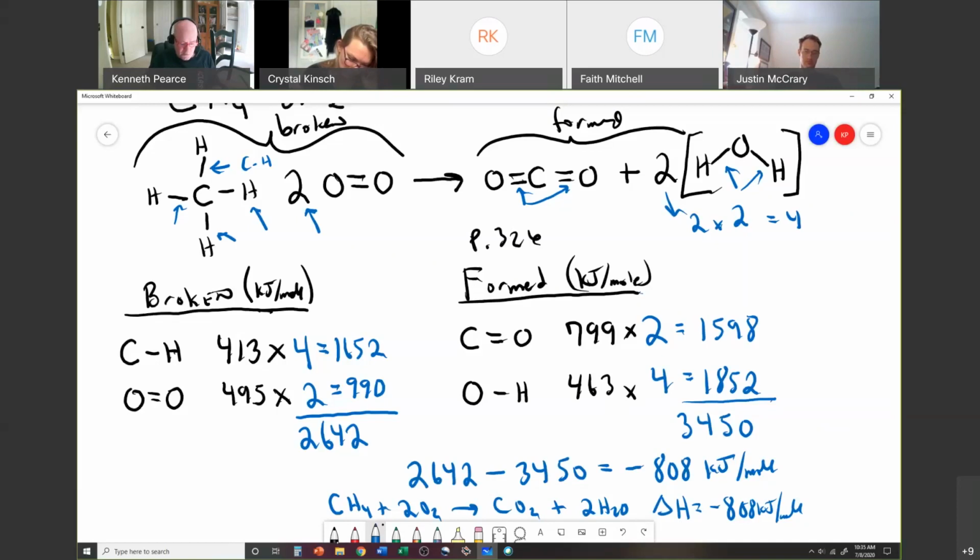It's much faster if I just use combustion methane. And combustion releases energy. 802. So the experimentally determined, the experimental number is 802, minus 802 kilojoules per mole.